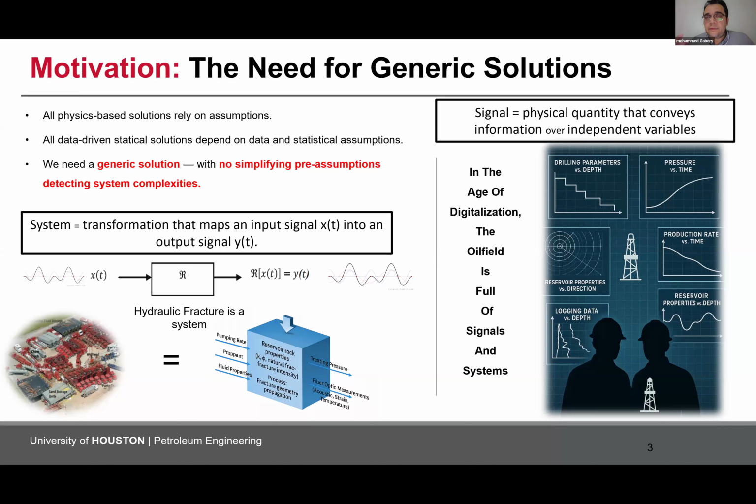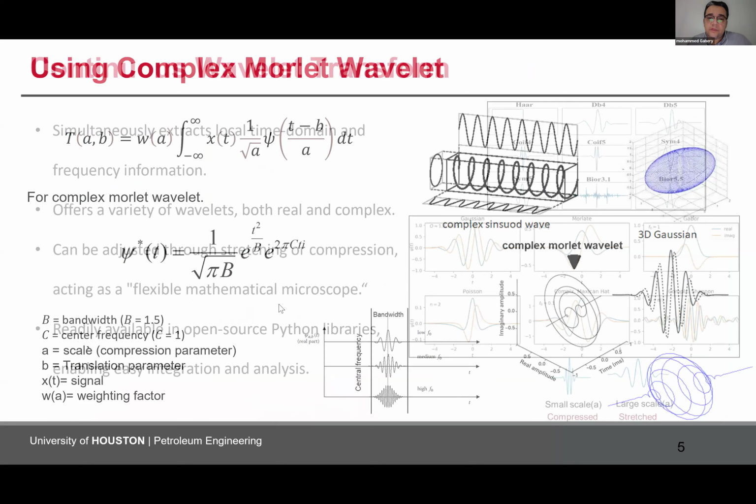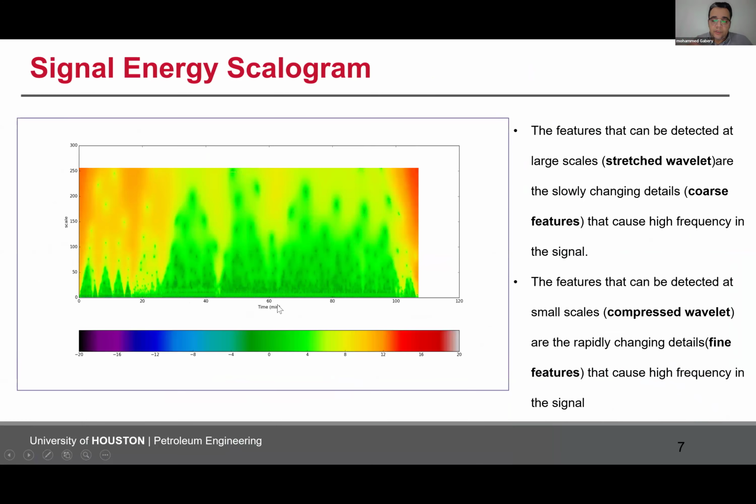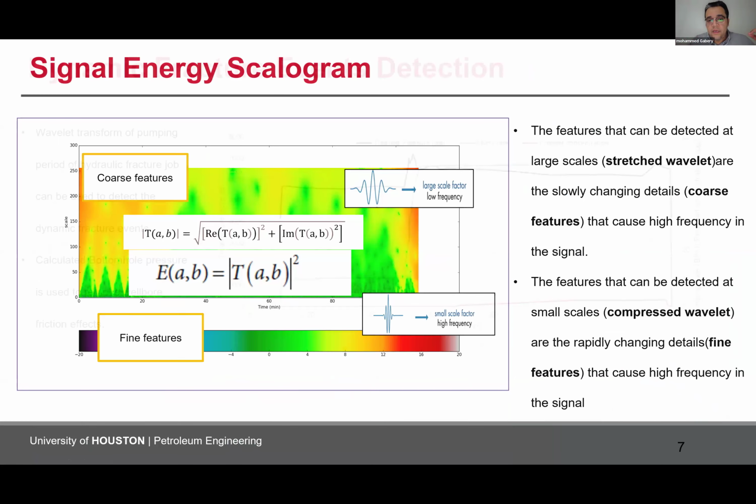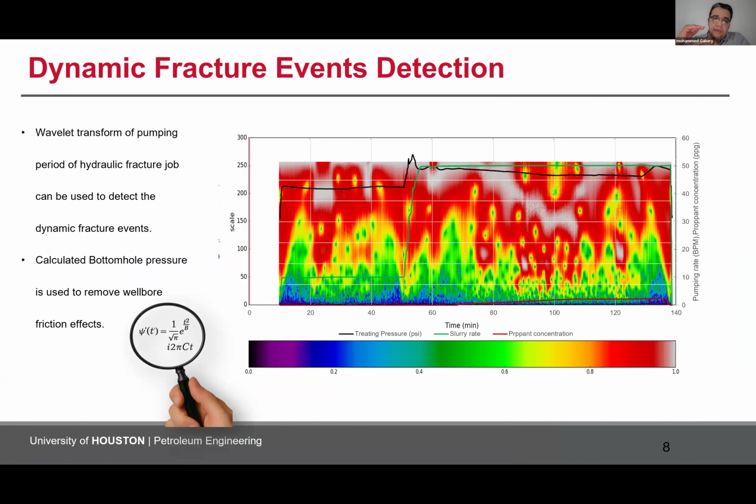That's the main power of the continuous wavelet transform. We get a specific range of scale to do our analysis.